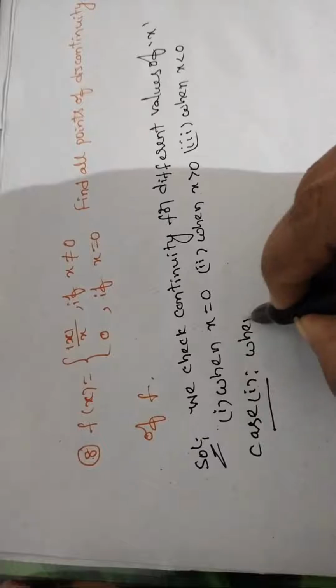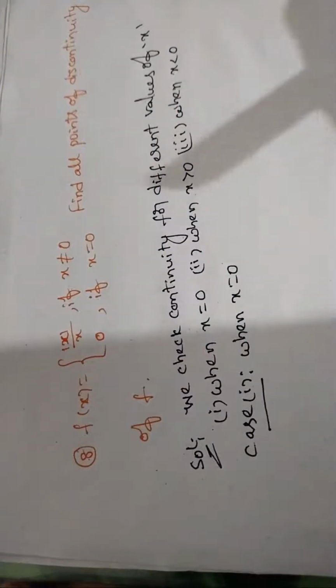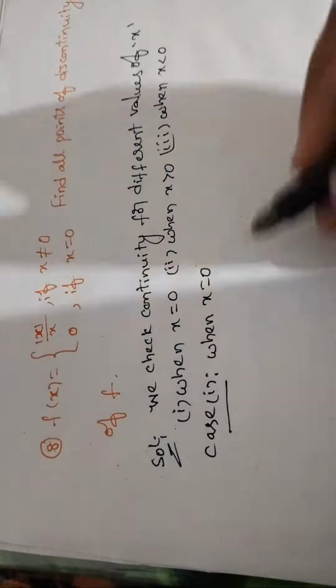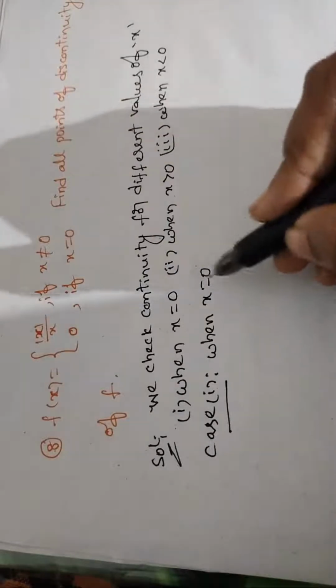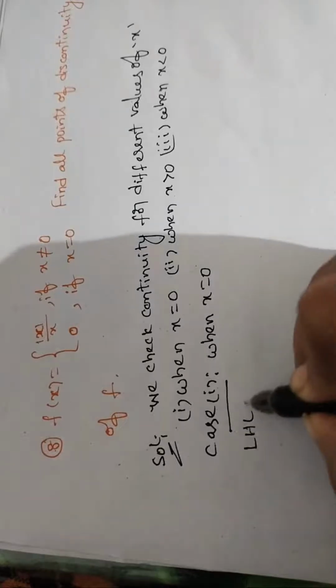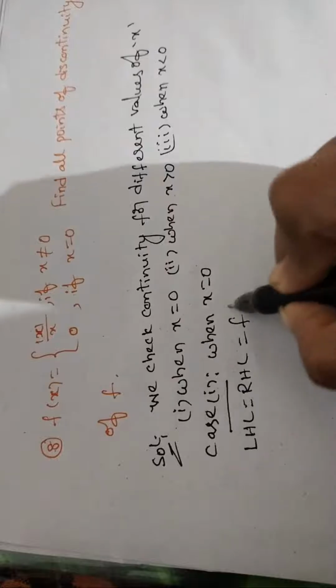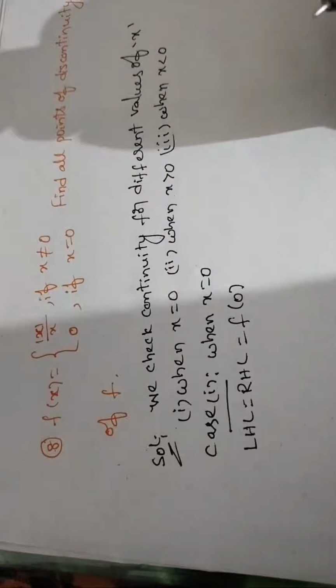When x is equal to 0, I told already that when x is a single value, the formula is LHL is equal to RHL is equal to f of 0.